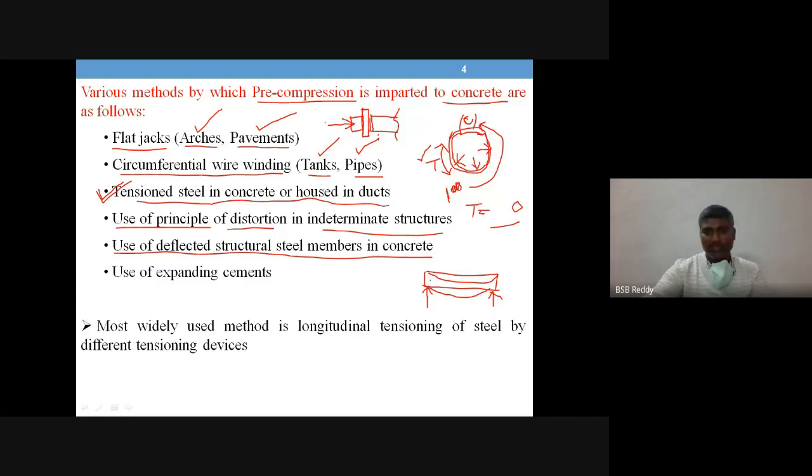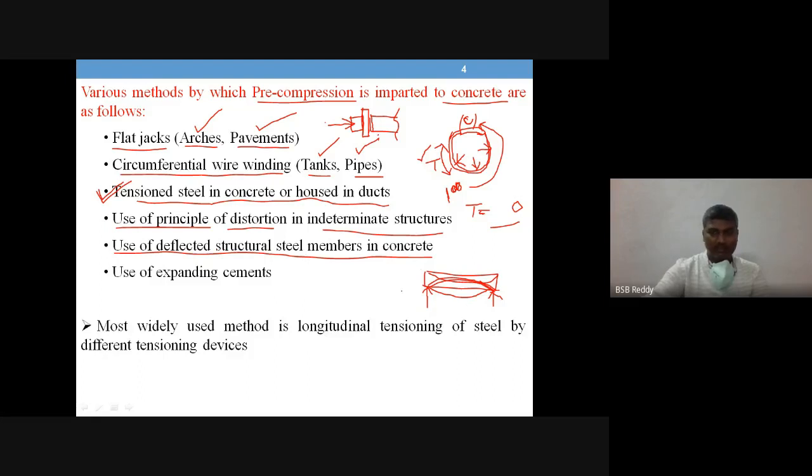So if you already have a steel member which is hogging in nature, and you induce that deflected steel member into the concrete, that will take care of this bending and counteract it. That is the purpose of deflected structural steel members in concrete.